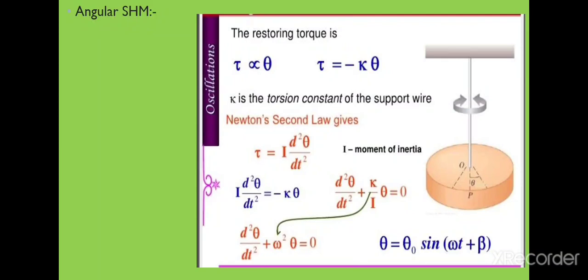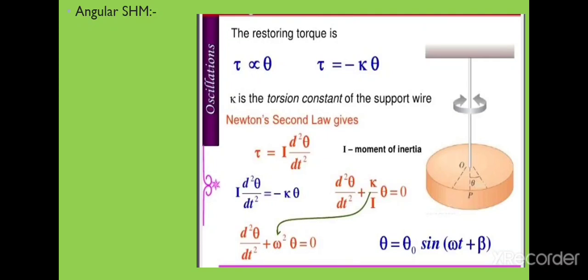Our next point is angular SHM and its differential equation. Here, a metallic disc is attached centrally to a thin wire hanging from a rigid support.